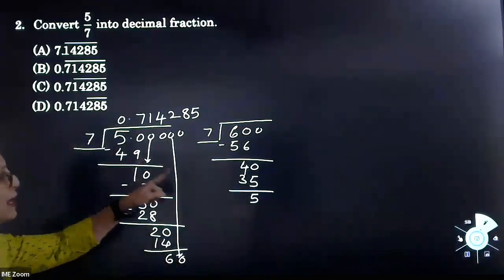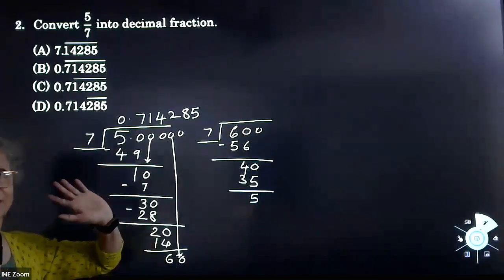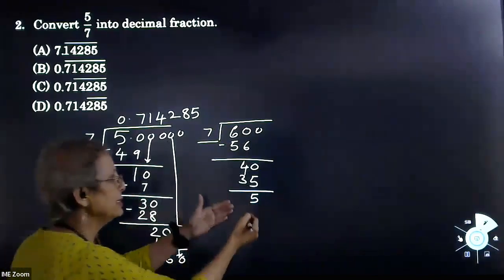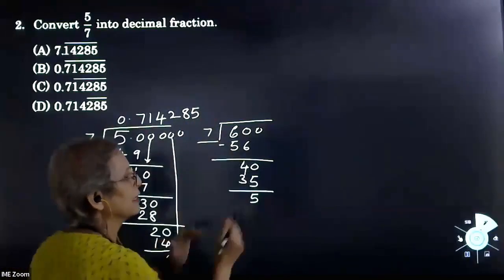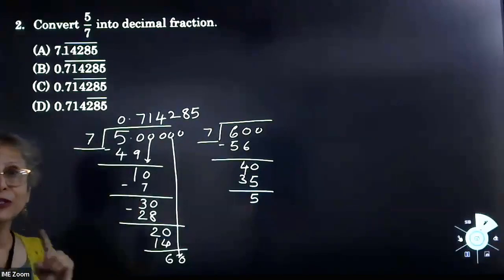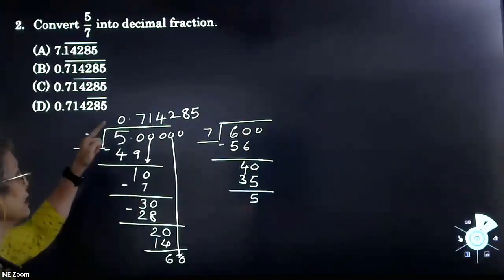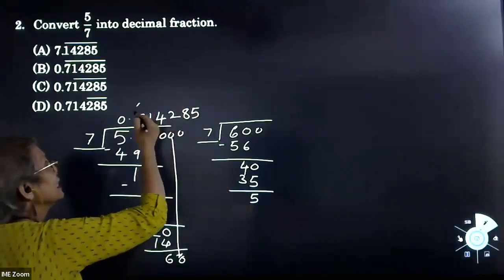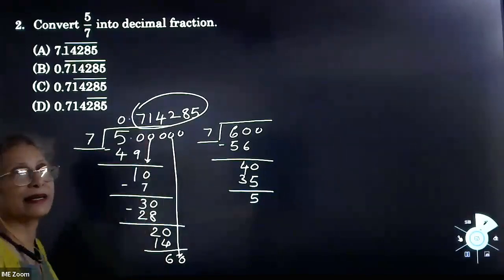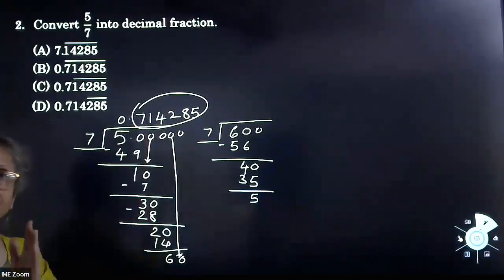We started with 5 and again we got 5. So if you do the division, you will get the same group of digits again and again. Whenever you divide by 7, if the numerator is not divisible by 7, you are going to get this group of digits again and again.